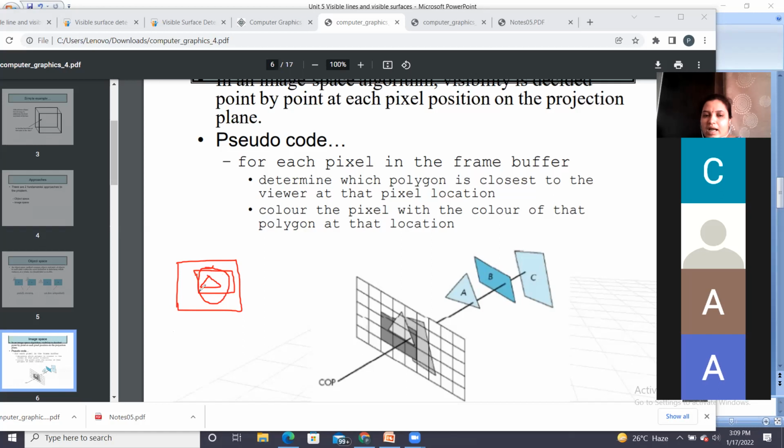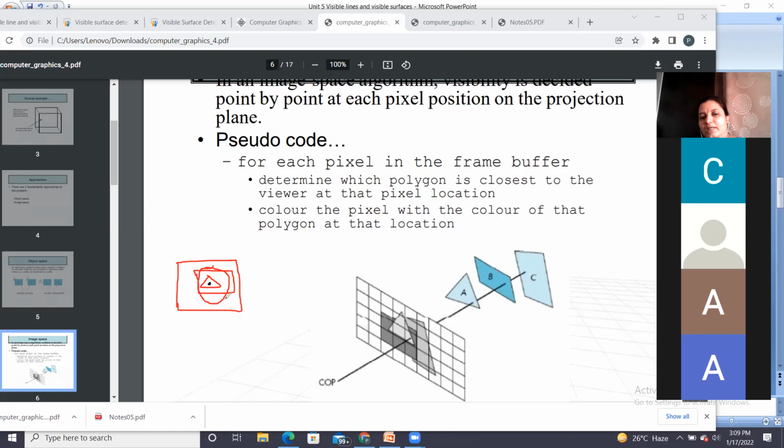So the triangle is in the front with respect to the viewer. If I consider this center object, it is represented with a black dot. If I am considering this central pixel, then earlier when I was drawing the rectangle, that pixel is of rectangle color. I can say that this pixel is a part of the rectangle.